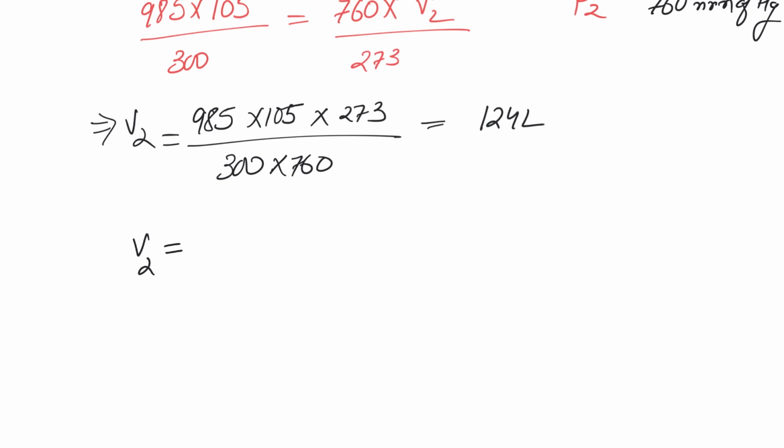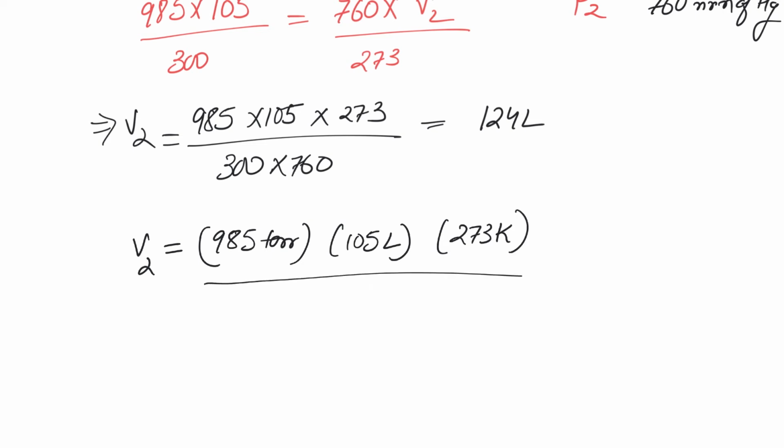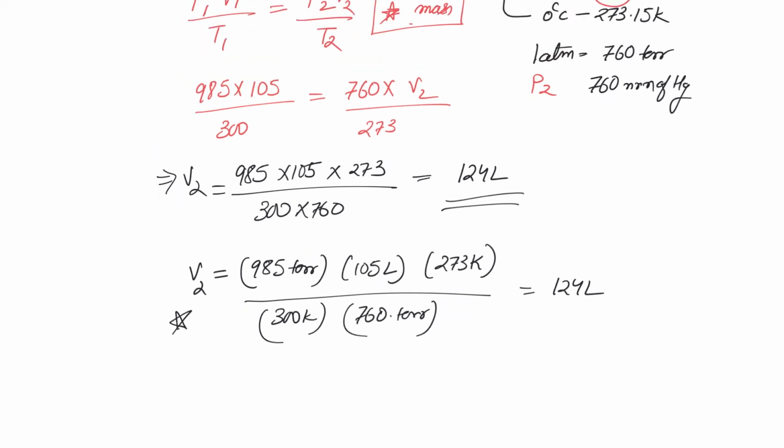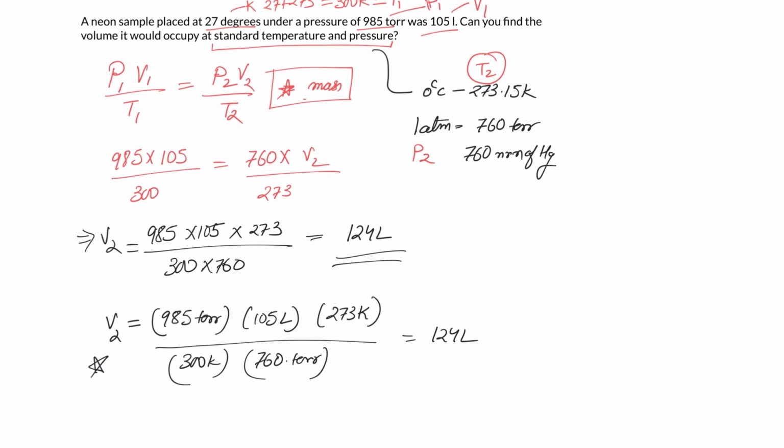So you can say V2 is 985 torr, bracket, 105 liters, bracket, 273 Kelvin, bracket, upon 300 Kelvin, bracket, 760 torr, bracket. And the answer comes out to be the same. Some professors prefer this, while others are happy as long as you keep things clean and neat. It's definitely up to you.